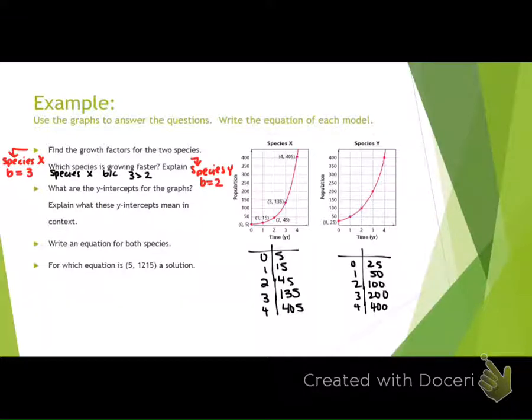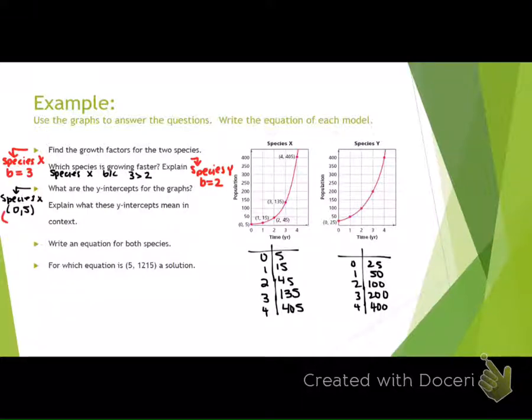All right, what are the y-intercepts for the graphs? And explain what these y-intercepts mean in context. So, Colin, what is species X's y-intercept? Oh, right. So when x is 0, the y is 5. Okay, what does 0, 5 mean in terms of this problem?